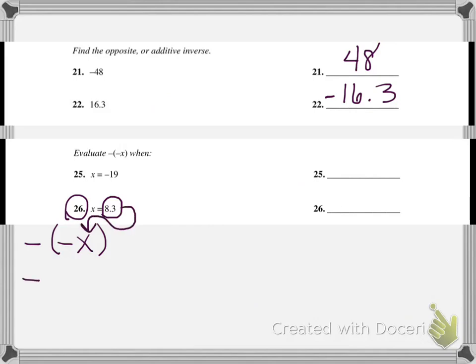So that's going to give me the opposite, which is another word for negative, or additive inverse, of the negative of the x, which is 8.3. So the opposite of negative 8.3, or a negative negative, is going to be a positive 8.3.